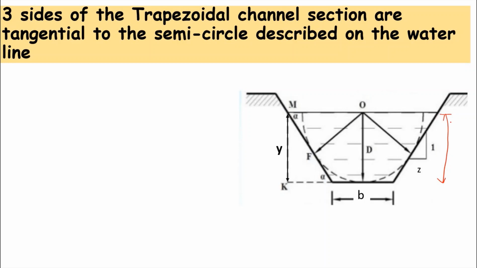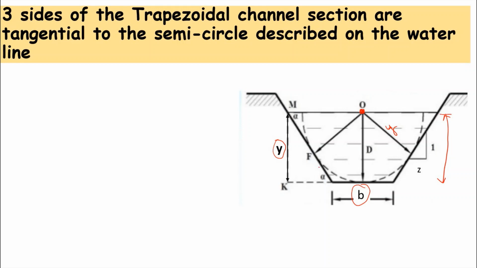Say the depth of the channel is y, so here it is given as y, and b is the width of the channel. The semicircle is drawn with radius equal to the depth y, keeping its center at the midpoint of the top width of this trapezoidal channel.